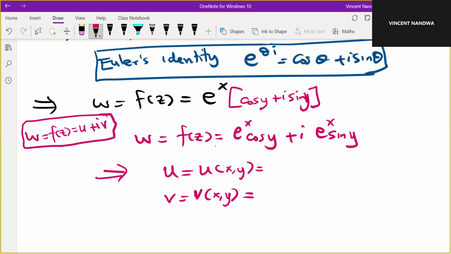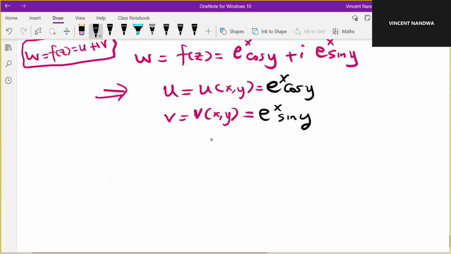So what is u? e raised to x cos y. Correct. And then v? e power x sine y. Correct, e^x sine y.